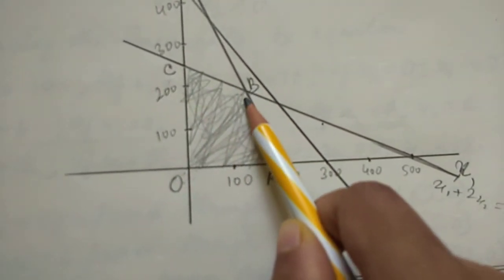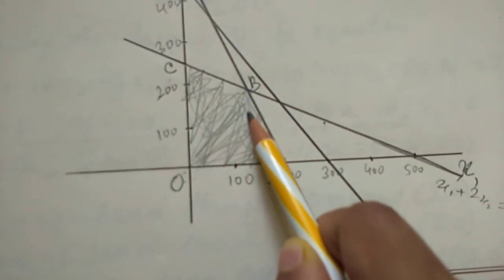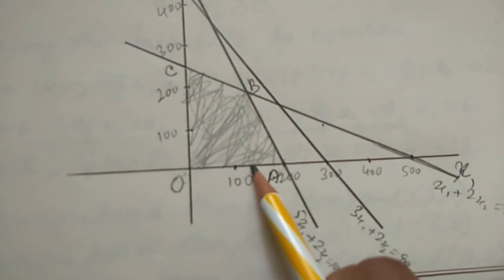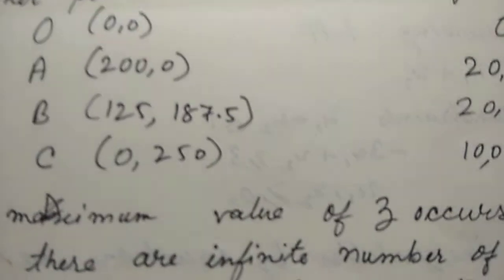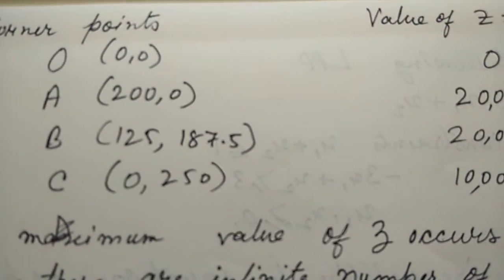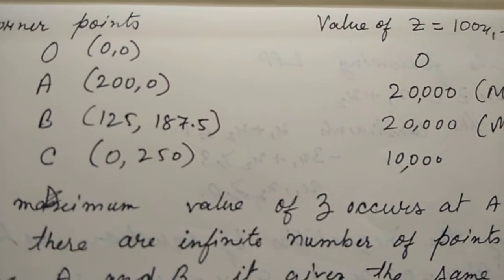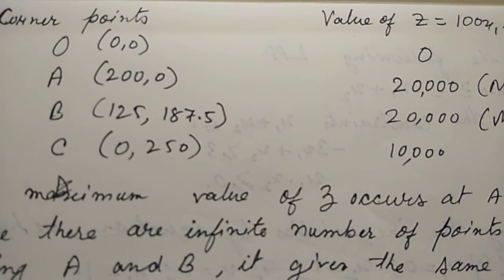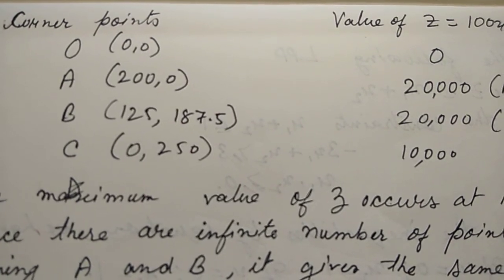And here it won't be 150 but just in between 100 and 200, that is, less than 150. What I have taken is B as 125 and 187.5. If you draw it on graph paper, you will find that it is exactly this one. I suggest you please verify it by drawing on graph paper. Then we get these corner points.